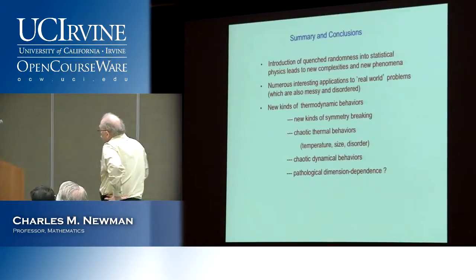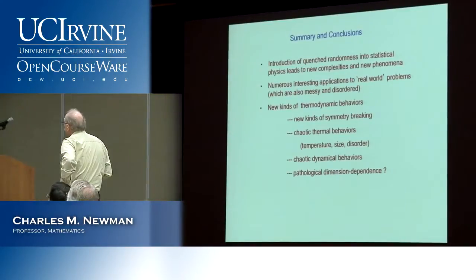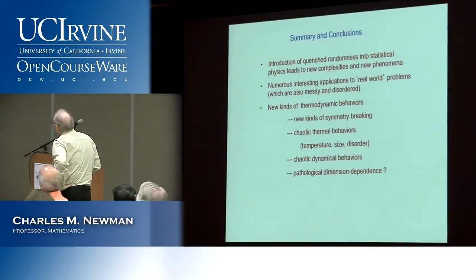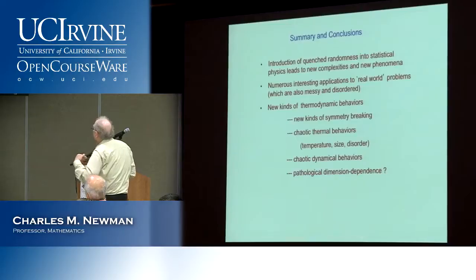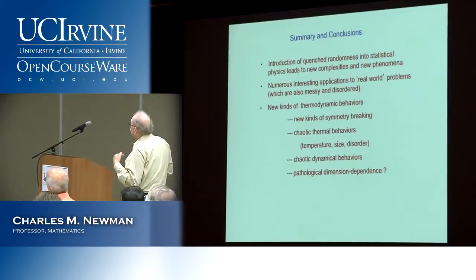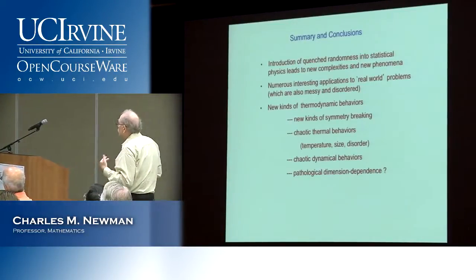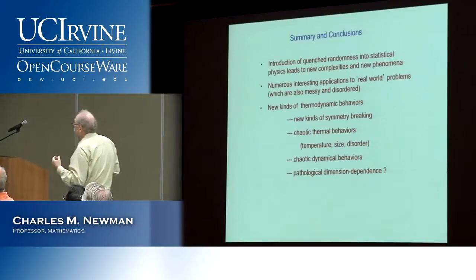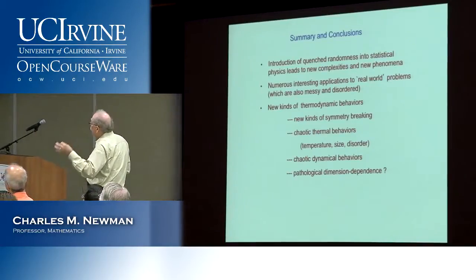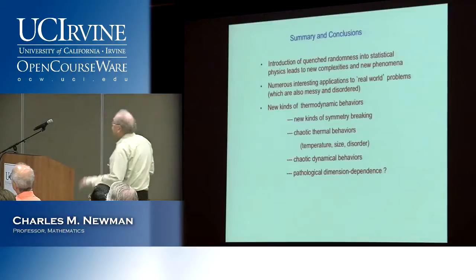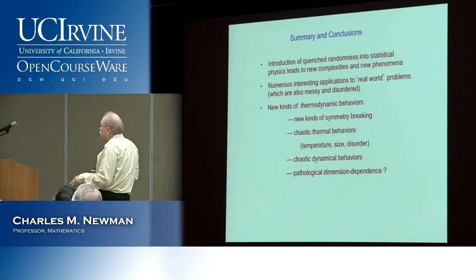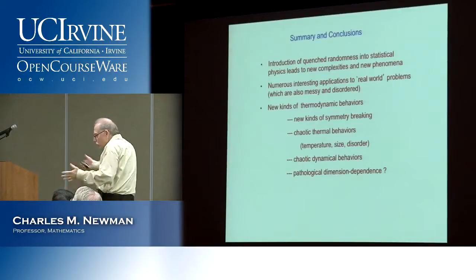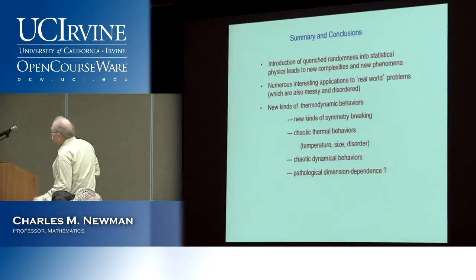Okay, so here are the points that I tried to make. The more classical statistical physics and condensed matter physics involved homogeneous systems, but disordered systems have quenched randomness, like in the traveling salesman problem, that would correspond to the locations of the cities. Those are fixed, and then you try to work with whatever you get.